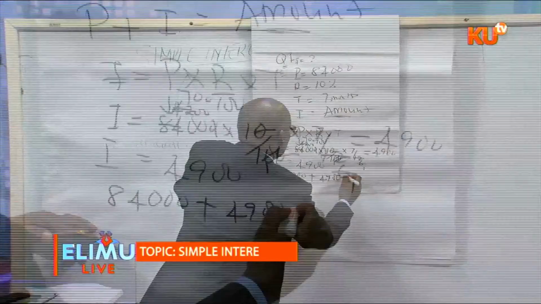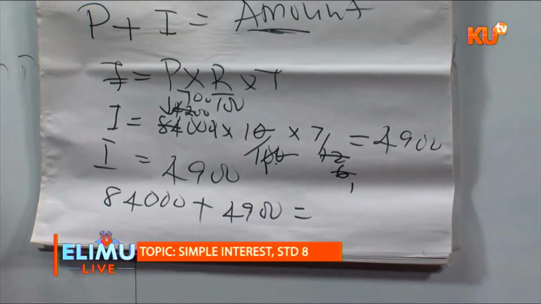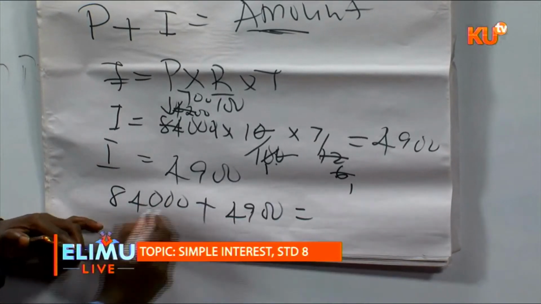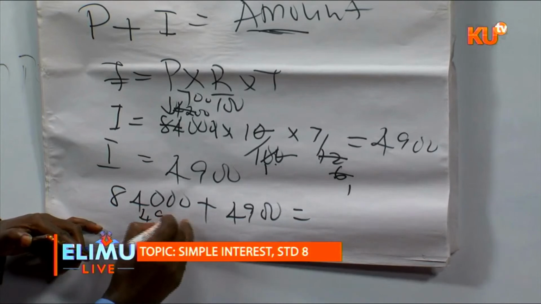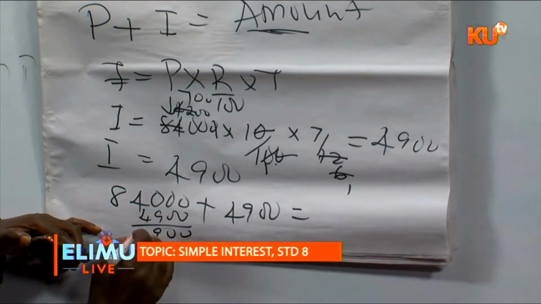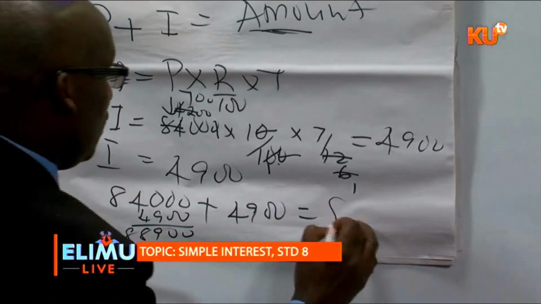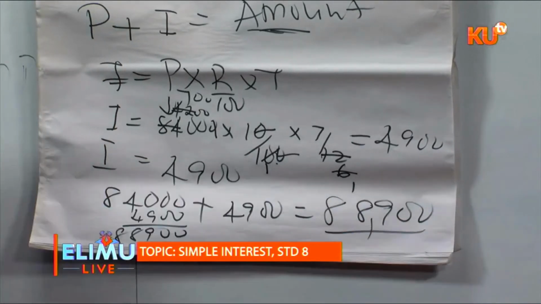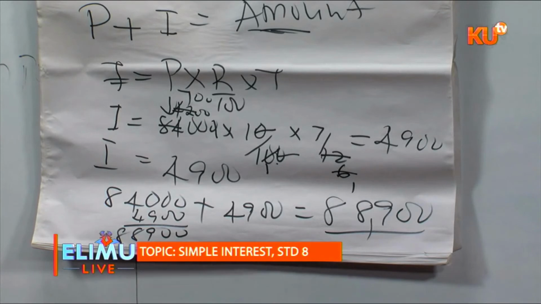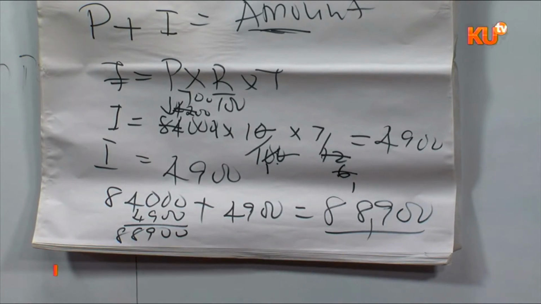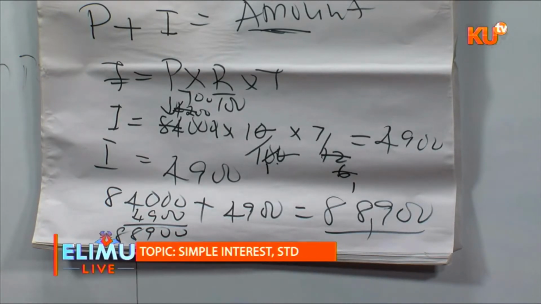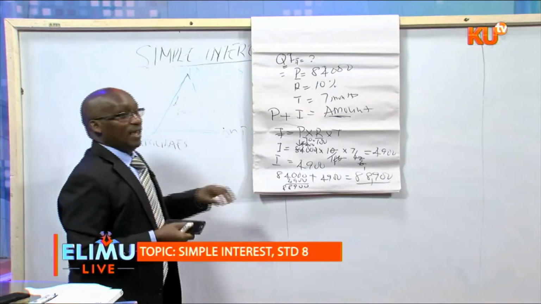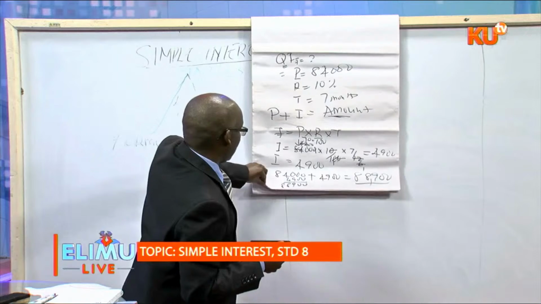And when you add the two, that is 4,900 here, 88,900. This will give you the amount.